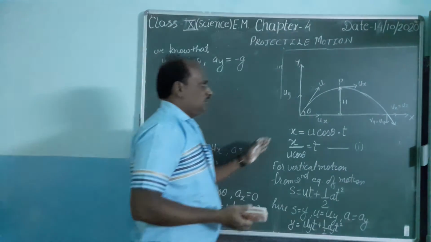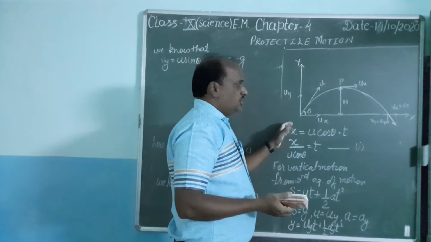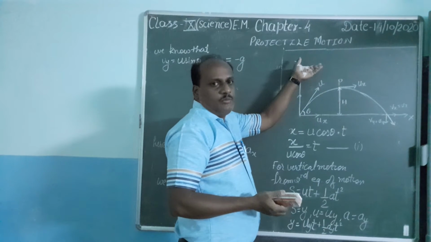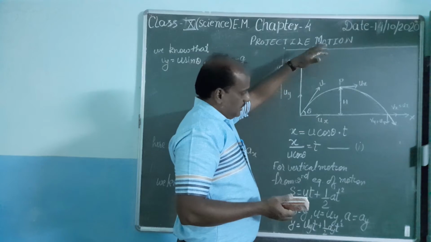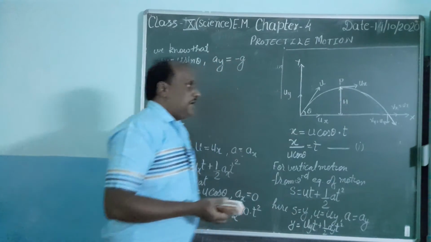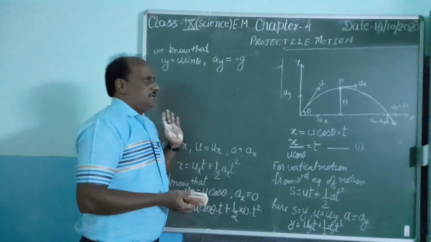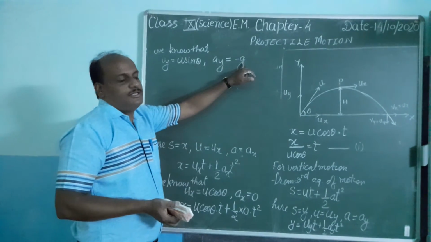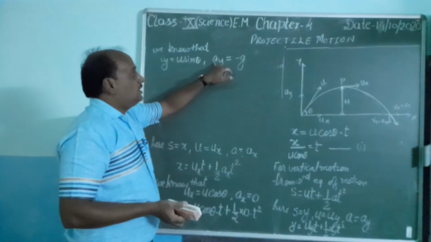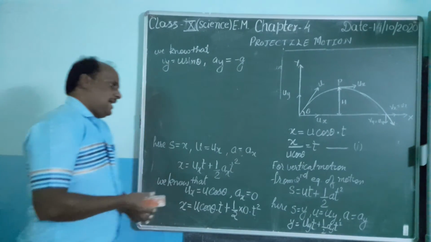Why minus g? Because the object is moving in the upward direction and the acceleration due to gravity is acting in the downward direction. That's why we take minus g, where ay is the vertical component of acceleration.